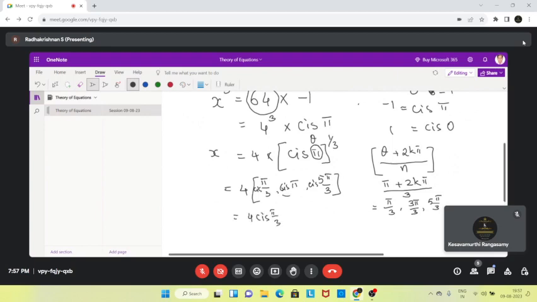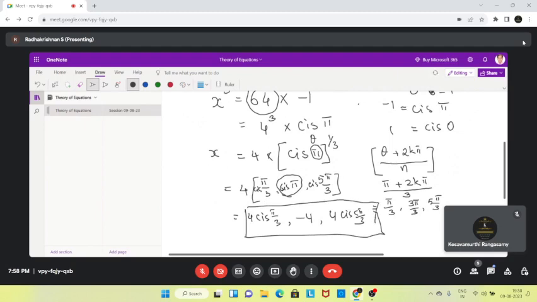So what is cis pi? Just now, right? Cis pi is minus 1. That's why it is minus 4. So these are the 3 roots.